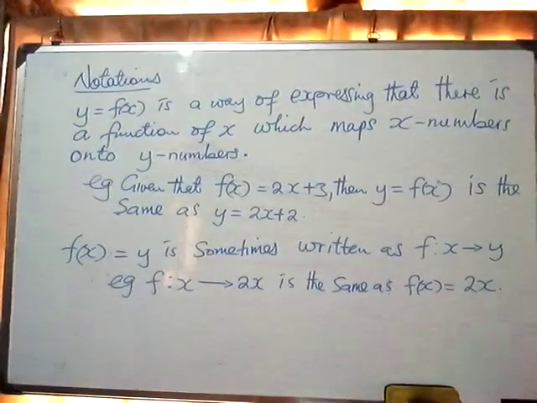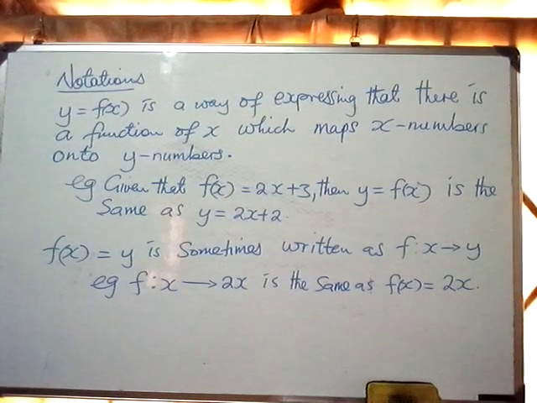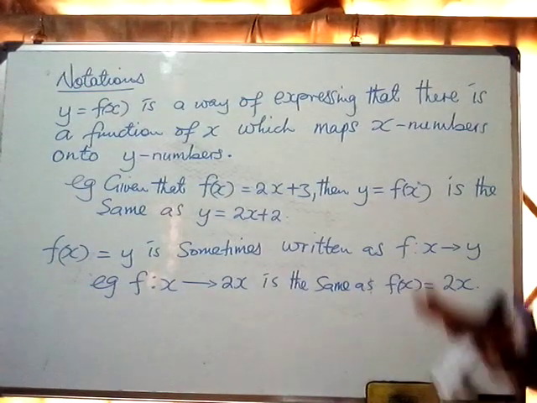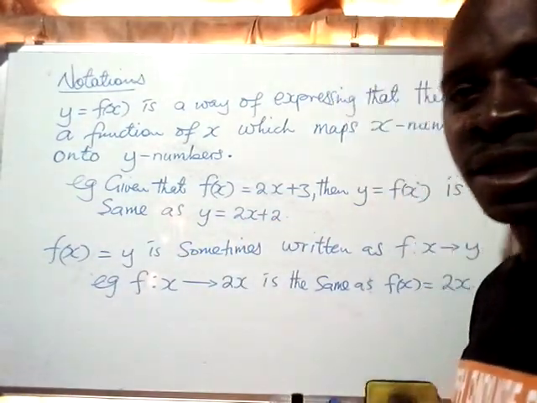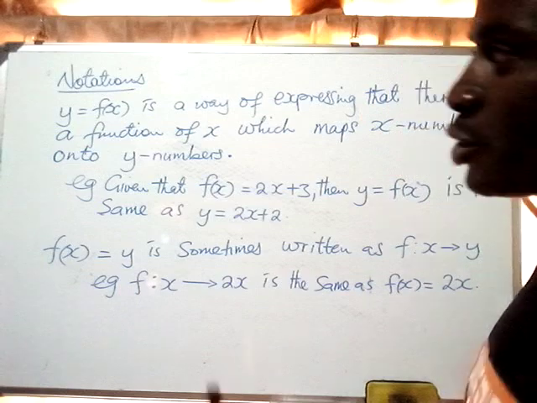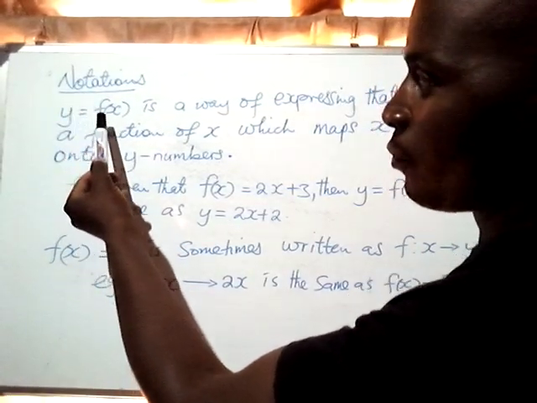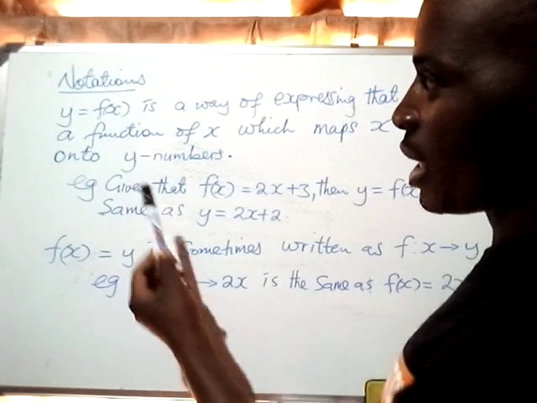Let us now look at the notations. There are some important notations we have to note as we go further into the journey of relations and functions. The first notation is that y is equal to f open bracket x close bracket.